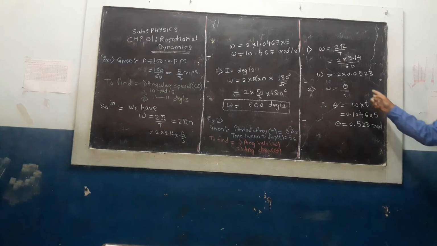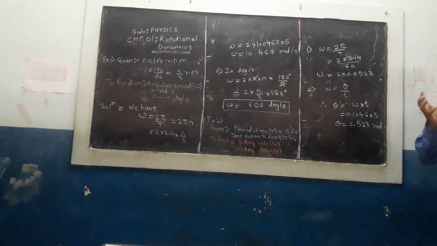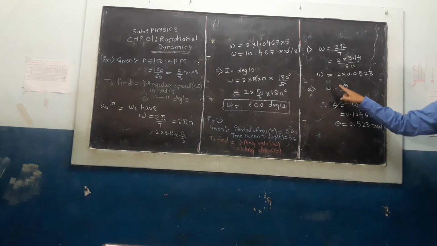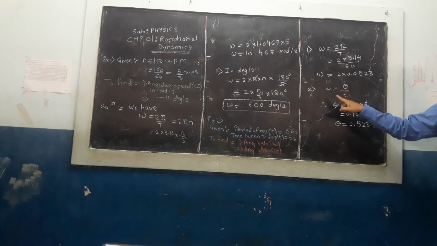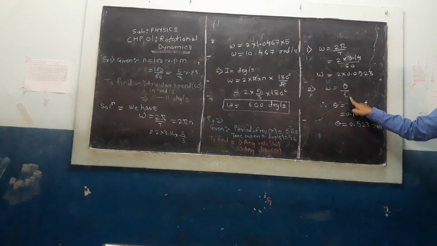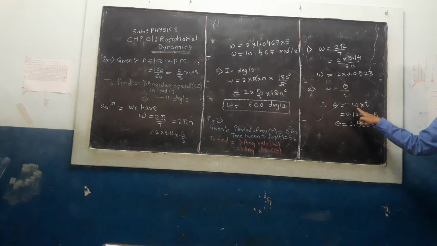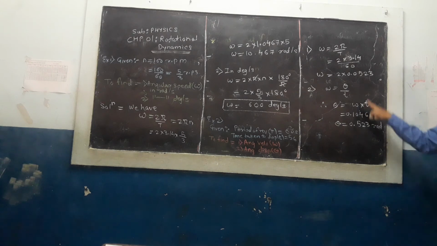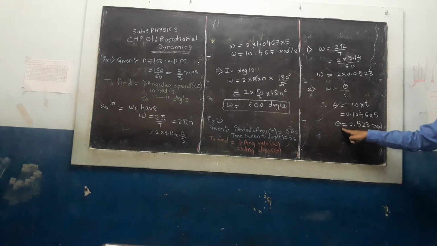Okay. Next, we have to calculate angular displacement, that is theta. Omega is equal to angular displacement upon time. So theta is equal to omega into t. Just take this t that side, we get omega into t. And if you multiply, we get theta is equal to 0.523 radians.